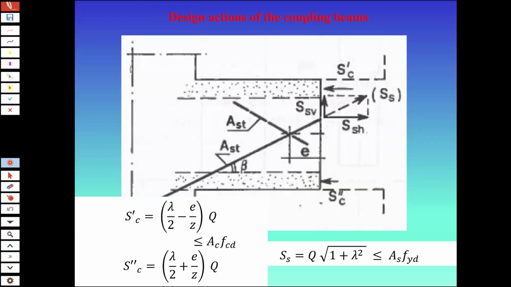But then you may also ask this: okay, if I neglect it and I don't find any equation where the compressed diagonal appears, how do I design it? Because if I don't have any force in it, I do not have any element to design it. So it remains, I can put there whatever I want.